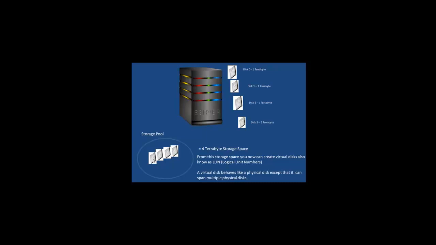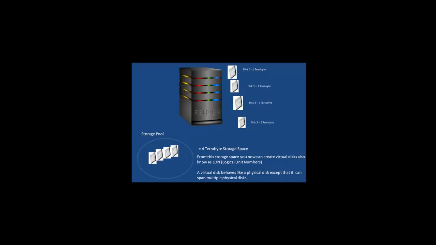I already have one here, 1 terabyte, which is 1000. And what I could do when I'm creating the virtual disk is take the 1 terabyte from here and then go to the other disk and take 500 gig, which would give me 1500 gig.